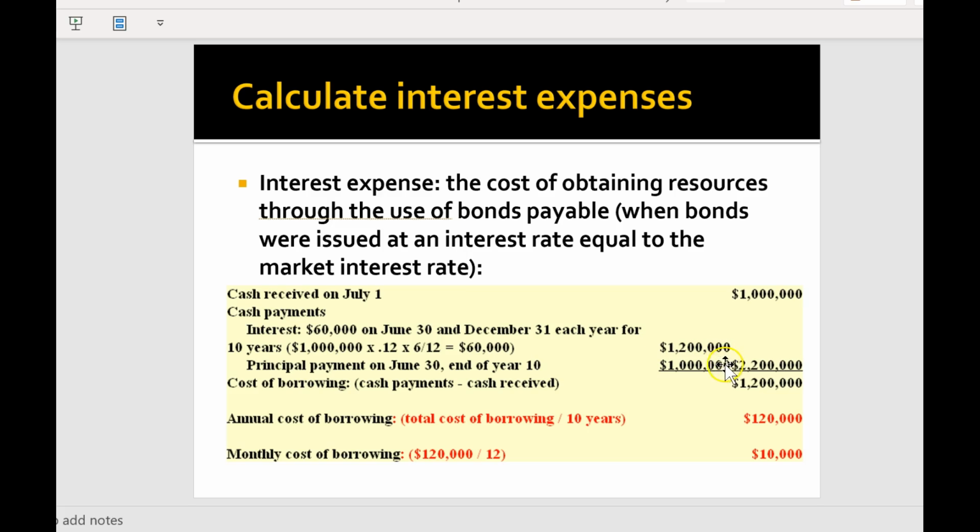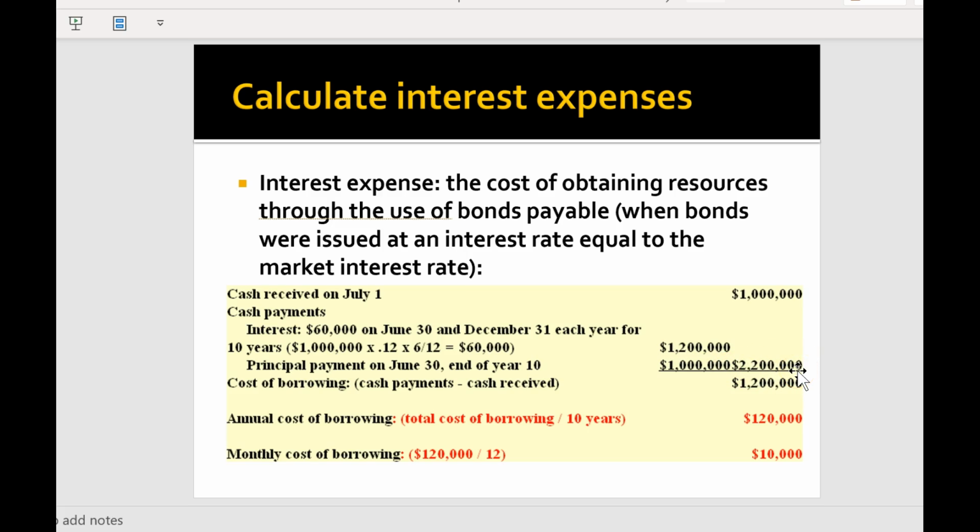So at the end of the day, we are paying 1.2 million interest over the 10 years. We are also paying back the principal of 1 million. Adding these two numbers gives 2.2 million in payments altogether.